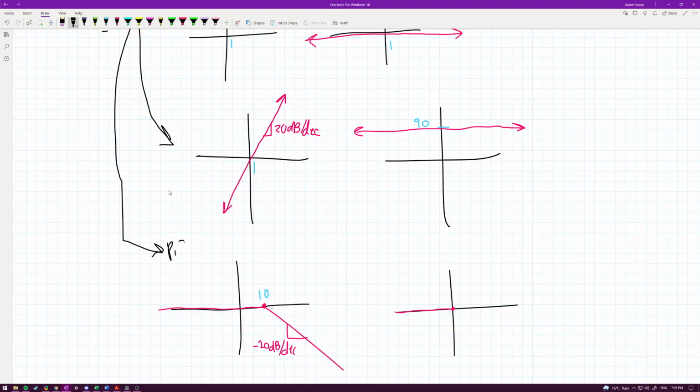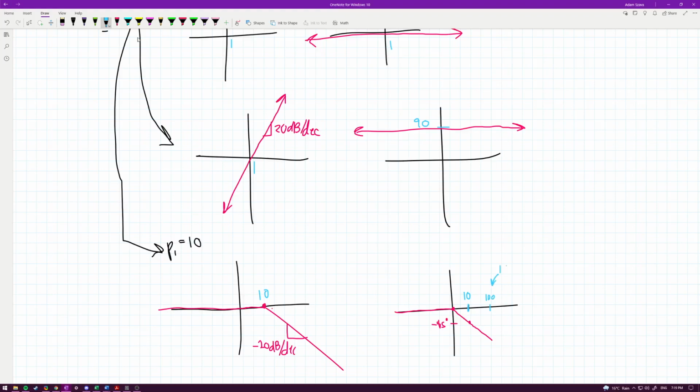I'm going to say P1 equals 10. And then from there, you go down. Yes, this is where this is 10. You go down until here, should be negative 45 degrees. And then after that, you go until 10 P1, so you go until 100.